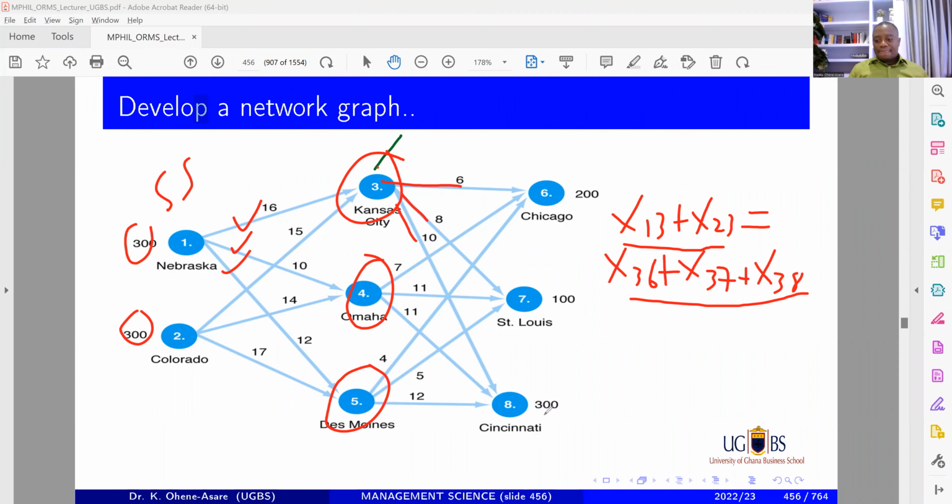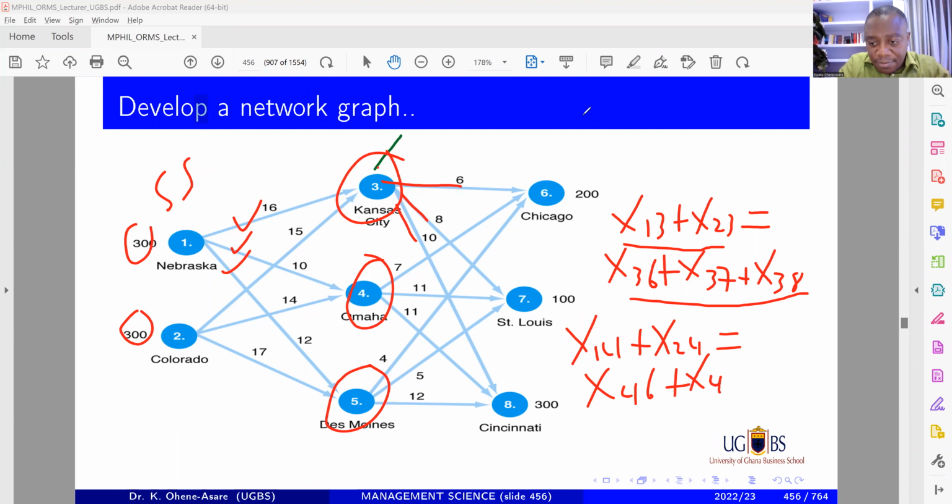So the constraint would be x14 plus x24 equals x46 plus x47 plus x48. Perfect. That's it.